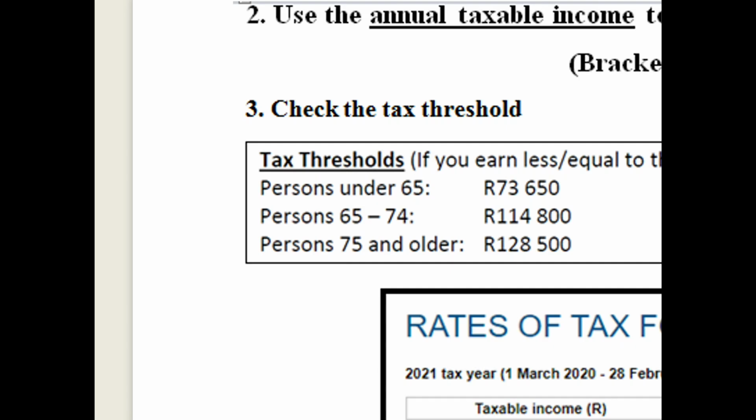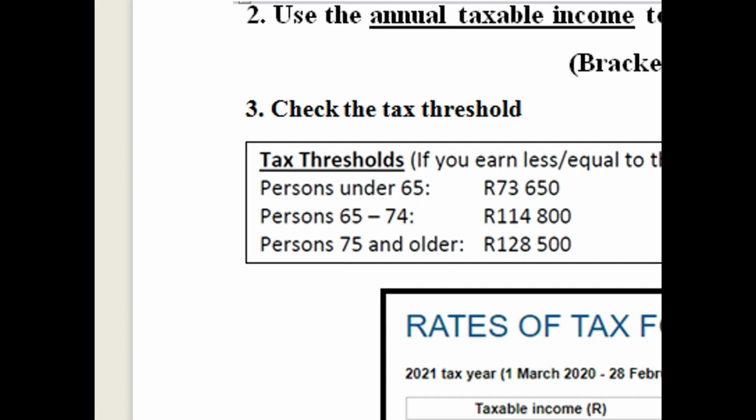Persons under 65. So if you earn an annual salary less than, or equal to, 73,650, then you will not pay tax. Then you will not proceed.